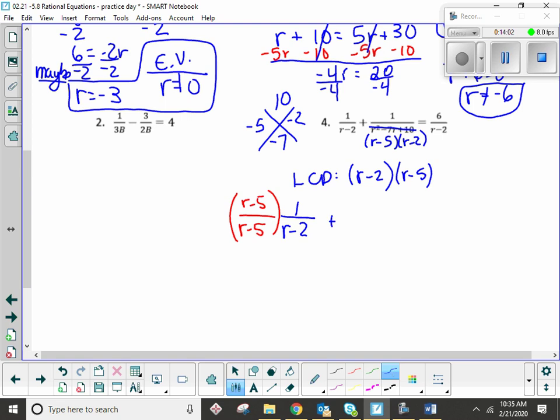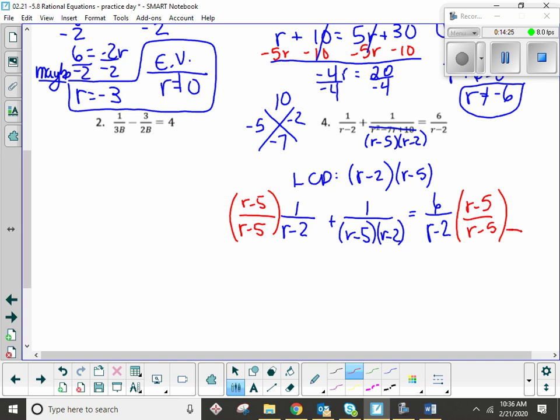It's complete. So don't change it at all. What does the third fraction need? R minus 5. What's next? Cancel out, right? Drop the denominator.